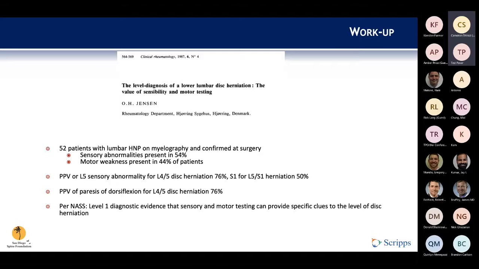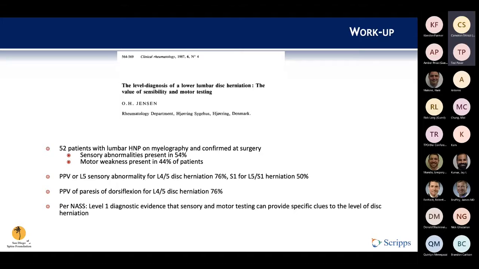And then the positive predictive value, I should say, of L5 sensory abnormalities for the L4-5 disc herniation is 76%, and S1 for L5-S1 herniations was 50%. And then positive predictive value of paresis of dorsiflexion, so a foot drop, for L4-5 disc herniation, 76%.